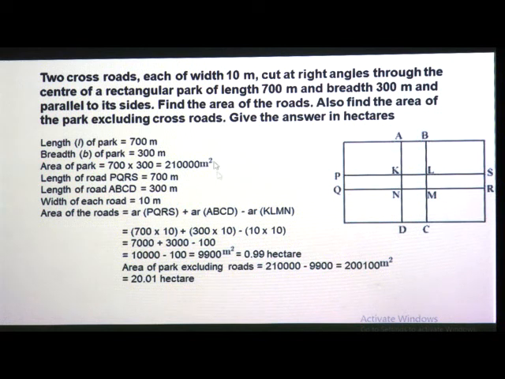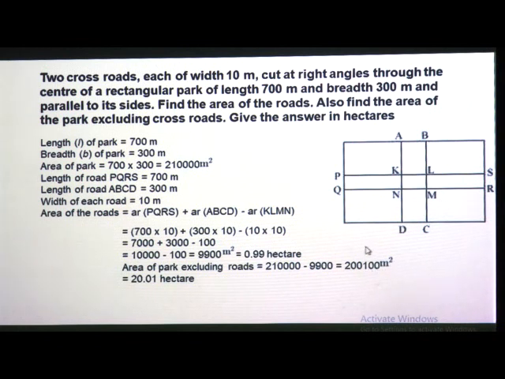It was including the crossroad, we have to exclude it, which means we have to subtract. So, the area of the park excluding the road is equal to 2,10,000 minus 9,900. After subtraction, we get 2,00,100 meter square.